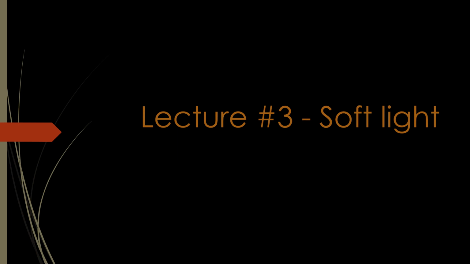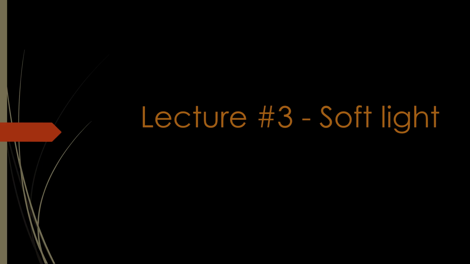The terms that I also used were diffused, reflected, and indirect. Instead of going deep into terminology, I will just mention all those types of light on different pictures that I will show during the lecture.